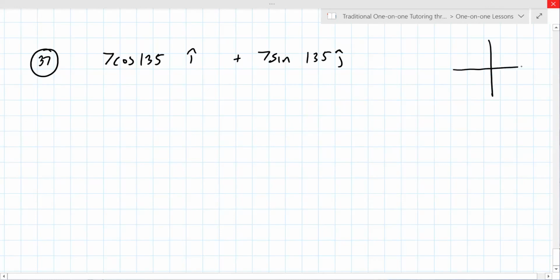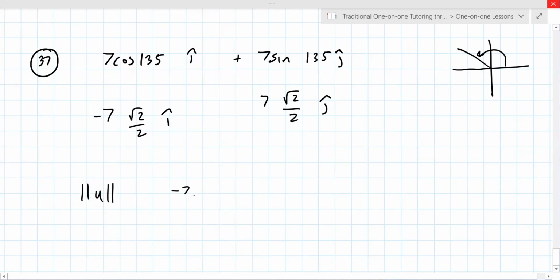If 135 degrees is over here, sine is positive and cosine is negative. So this ends up being 7 square root 2 over 2 j, and negative 7 square root 2 over 2 i. And the magnitude of the vector you can actually do by hand here. It's a good calculation.